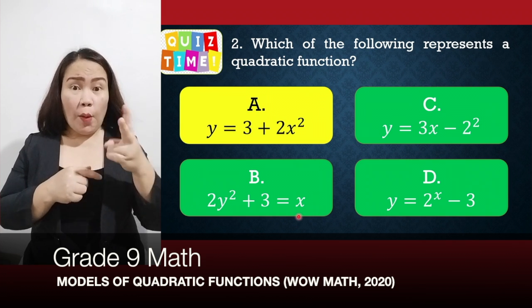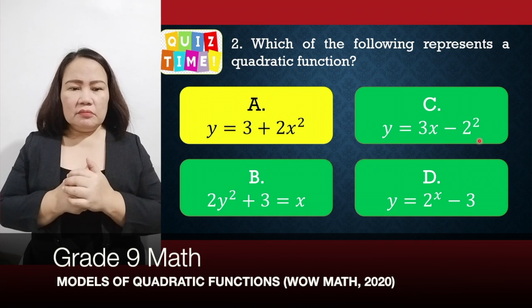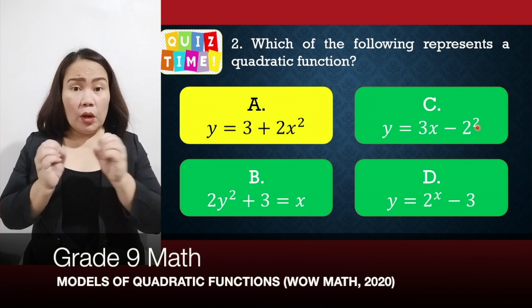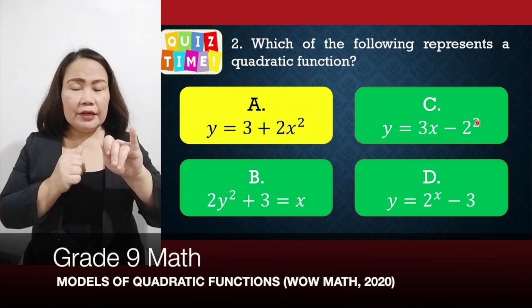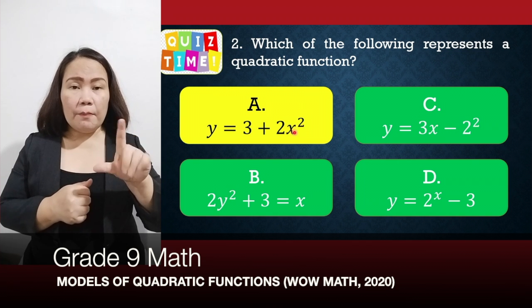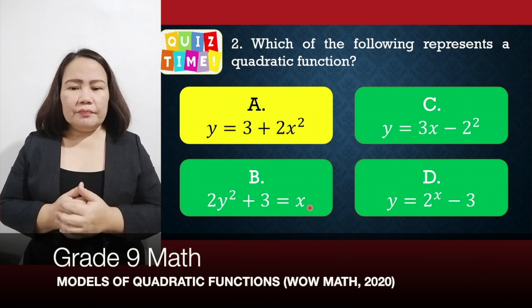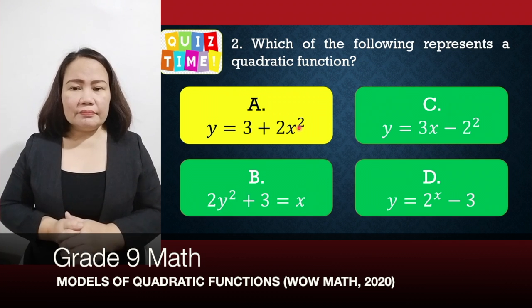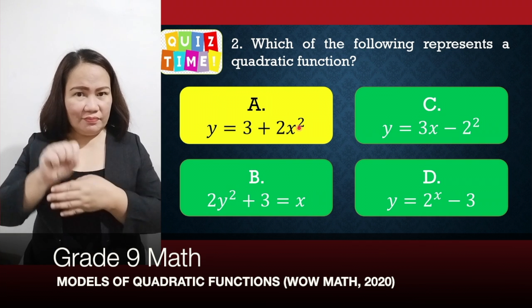Okay, so I know siguro yung iba ang sagot ay ito. No, ito ha, this is not the answer because hindi ito yung tinitingnan natin. Pag sinabi nating degree, we are looking at the variable, yung degree ng variable natin. And then this one, hindi rin ito. Dun tayo lagi. Okay, so the answer is letter A. I hope you got 2 points already.